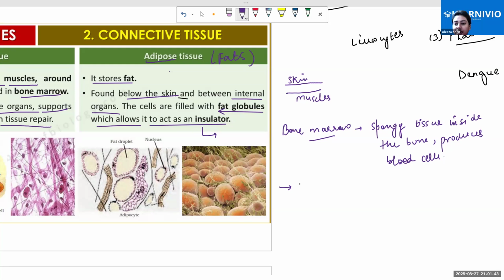Bony areas also. See, it sometimes happens that whenever a person has dropped from any second floor or third floor, it could be due to any reason. So if that person is very lean, there are chances that he or she might die due to the fracture of multiple bones. Or if the person has not died, there must be the chances of fracture at every bone of the joint or every bone of the body, due to less fat mass.